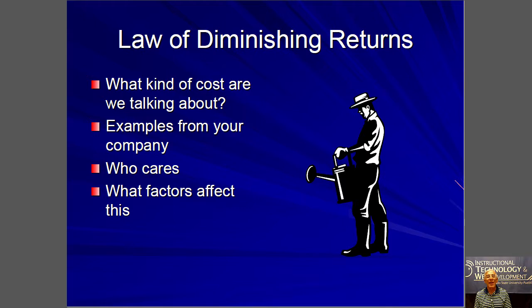But what happens when you add too much? Your grass starts dying. You can get to the point of diminishing returns where you're adding too much of an input. Fertilizer, seed, water. And this concept is referred to as the law of diminishing returns.